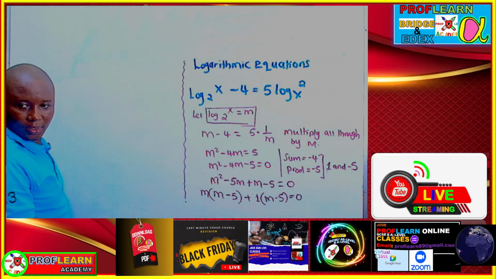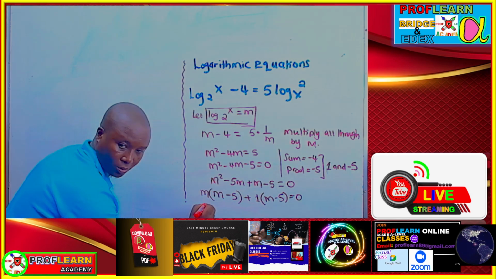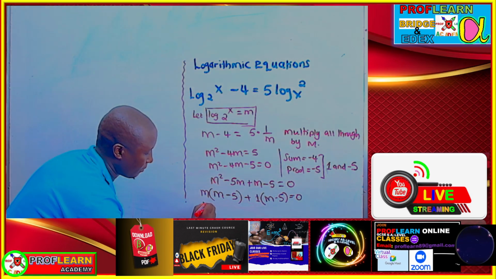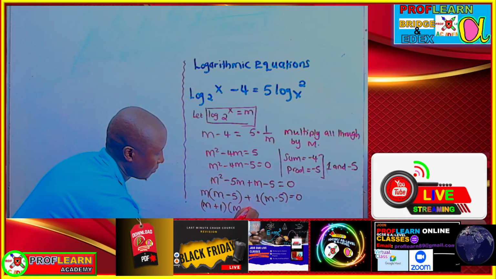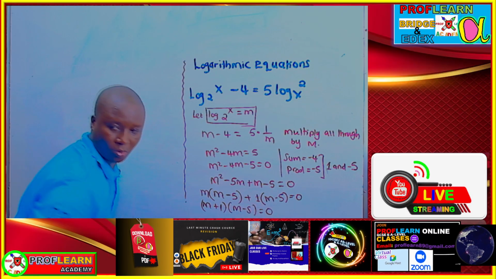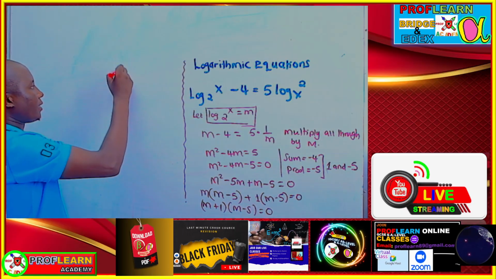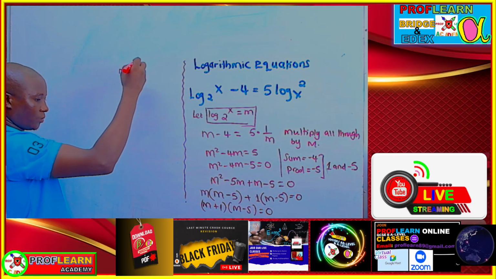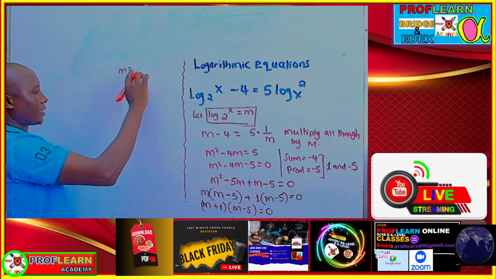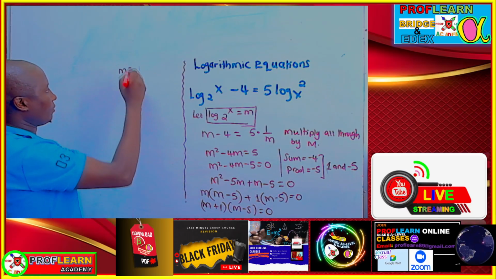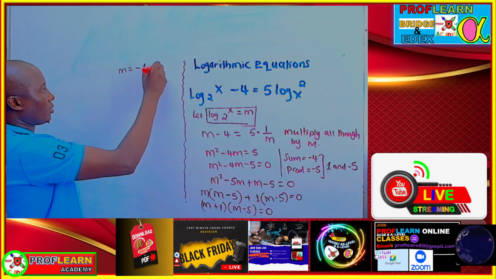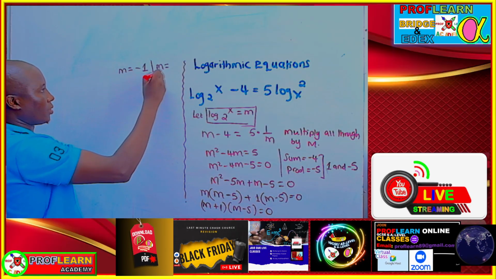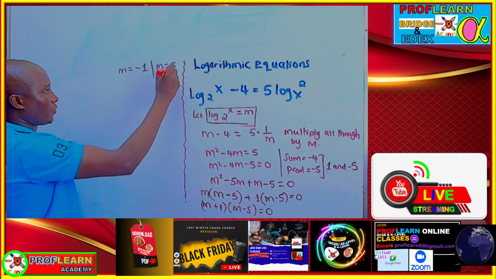So this can simplify to m plus 1, m minus 5 is equals to 0 as the equation. Therefore m is equals to negative 1, because this equals to 0 will give us m is equals to negative 1, and this equals to 0, m is equals to what? M is equals to 5.